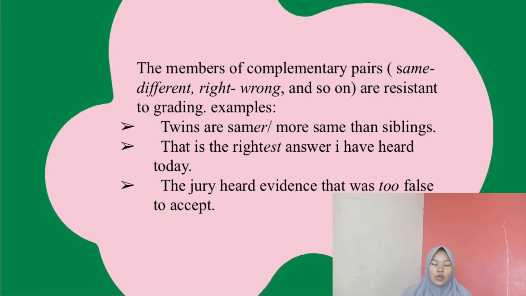The members of complementary pairs like same with different, right with wrong, and so on are resistant to grading. And you guys can see the examples. Superlatives such as best and fastest and covert superlatives such as freezing denote extreme ends of scales. Some examples are given of their tendency towards non-gradability.